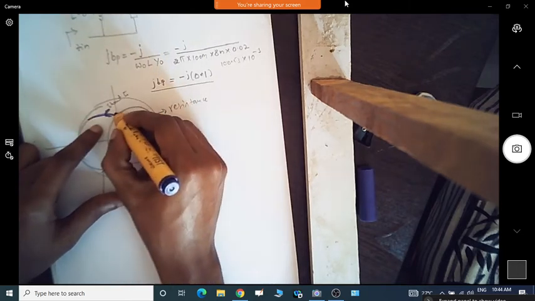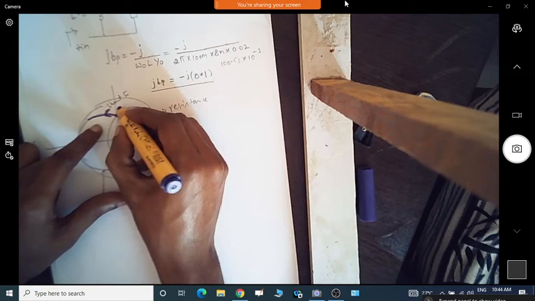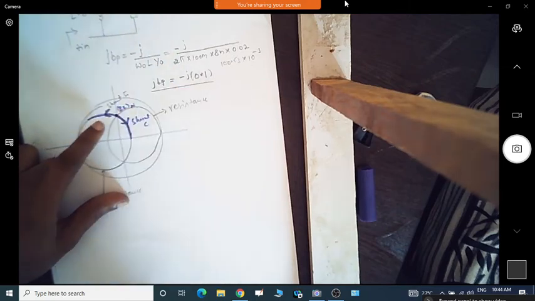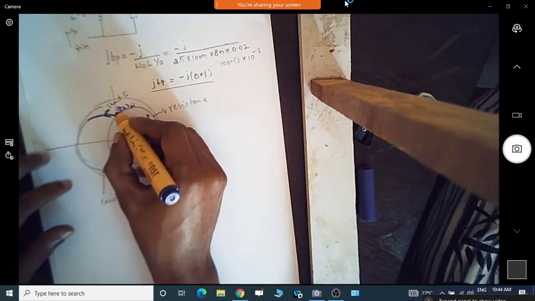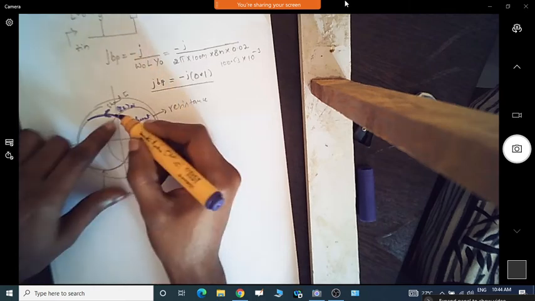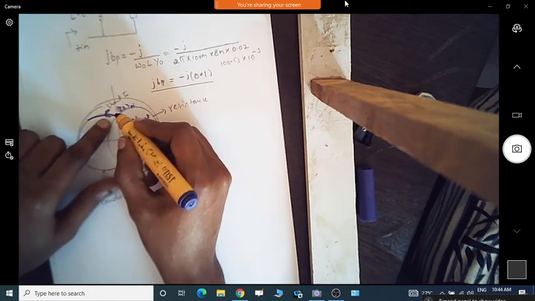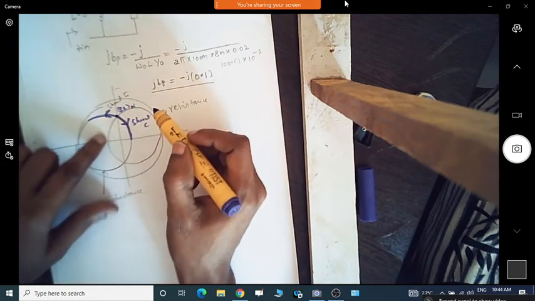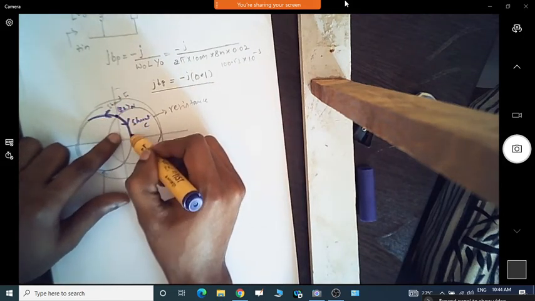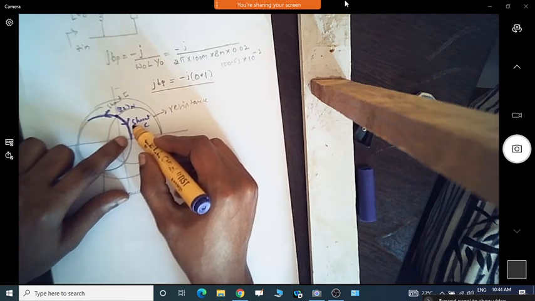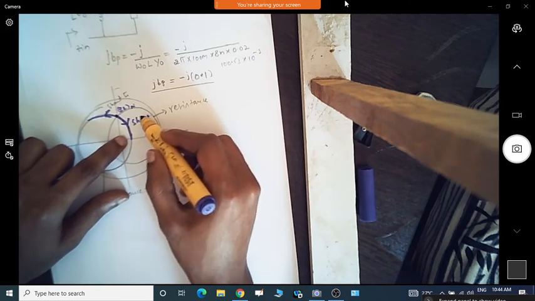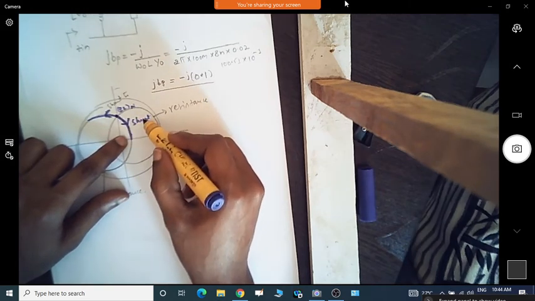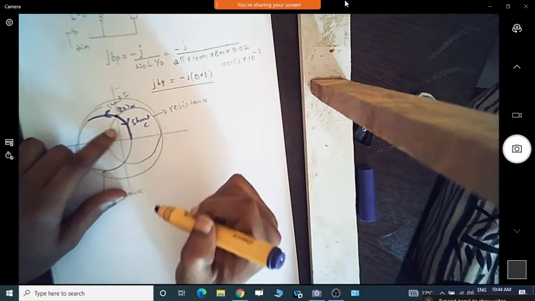And say for example, if this is the point where we have the normalized value of load. Now from this point you have to move upwards always on the conductance circle if the element which is connected is shunt L, and you have to do the downwards movement for shunt C in order to add the reactance of this shunt C from the load point.